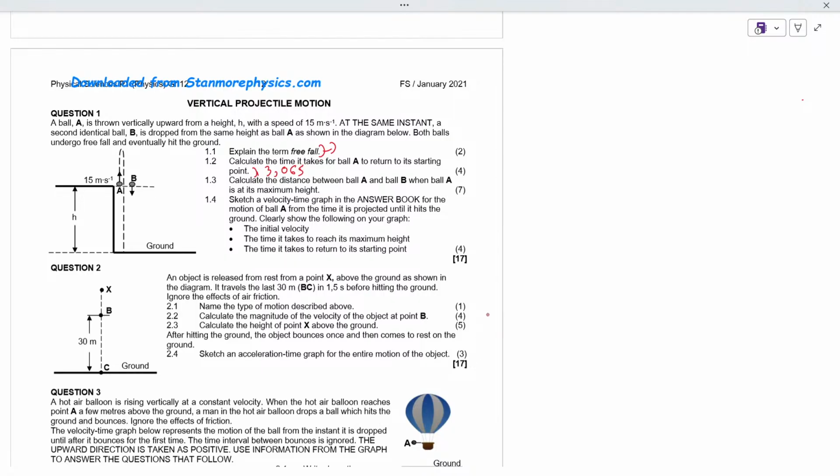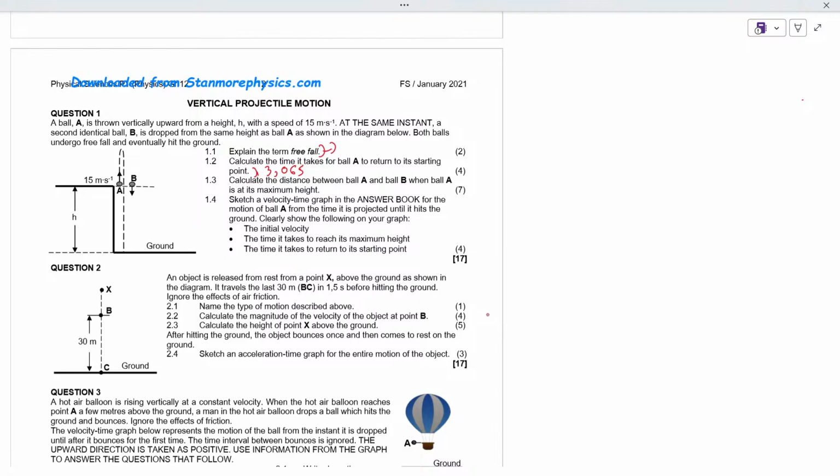So, this one is going to be very interesting, because they want the distance between the balls while they are both still in motion, but we are given the exact point of one ball, and we just don't know where the other ball is.